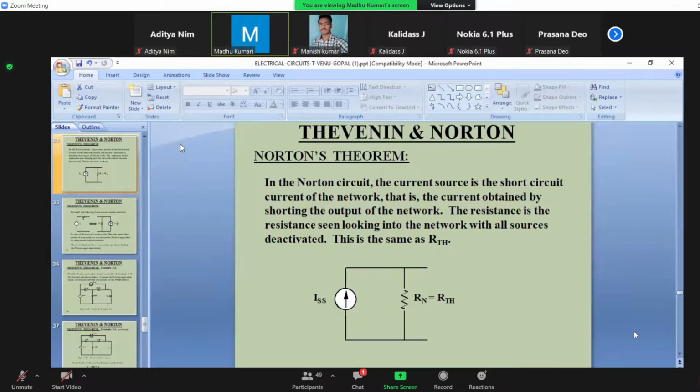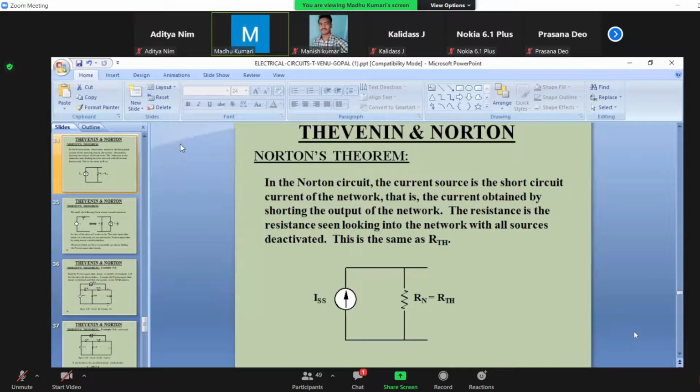What was in Thevenin's theorem? Any bilateral network can be reduced to a network which has one voltage source and one resistance connected in series with that. Am I right? And in Norton's theorem, the same network can be reduced to a network which has only one current source and one resistance which will be in parallel with that current source.